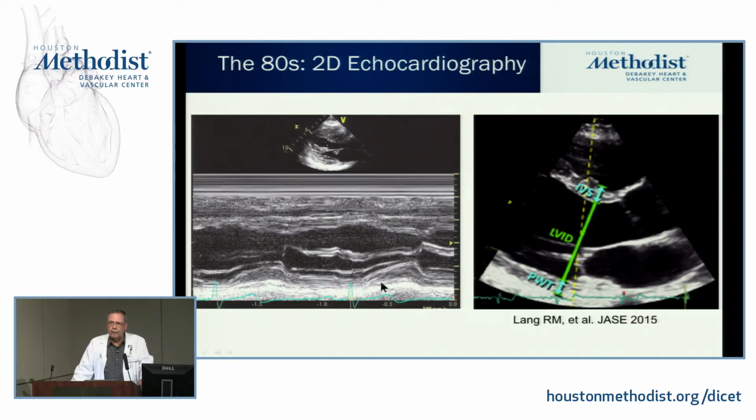As time went by and 2D came on board, we realized that in many 2D views, the M-mode measurement, if you were going to do an M-mode, it would be this line here, is a tangential line. In fact, you can see it in this screen also. It is tangential. So these diameters are really bigger than the true diameters of the heart.